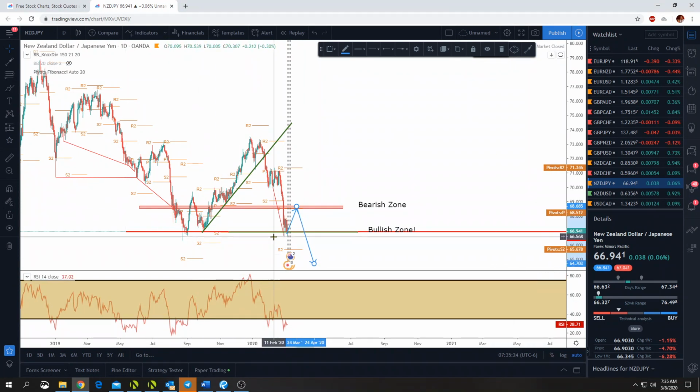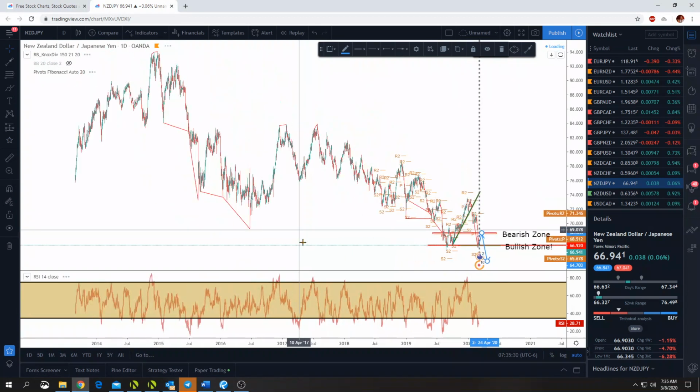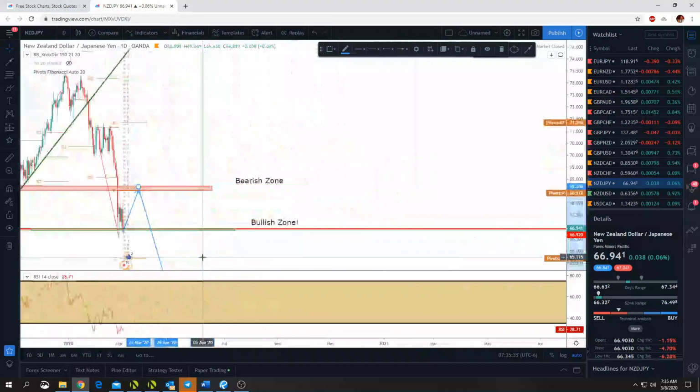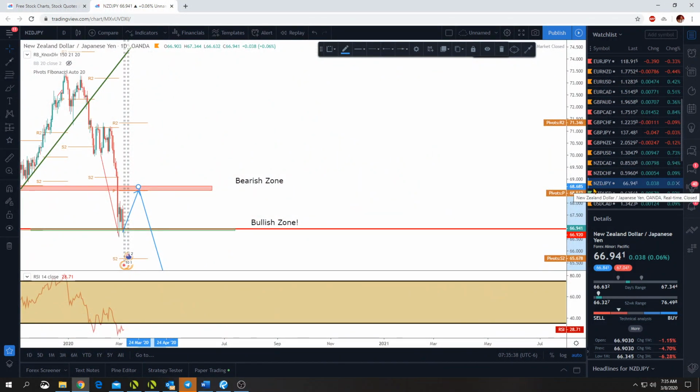Could see this scenario play out. I mean, NZD JPY could be done. But if you look, it hasn't been this low since 2012. Some people are calling the recession is coming. And we're going to turn this one red because I want to see it right out of the gate.